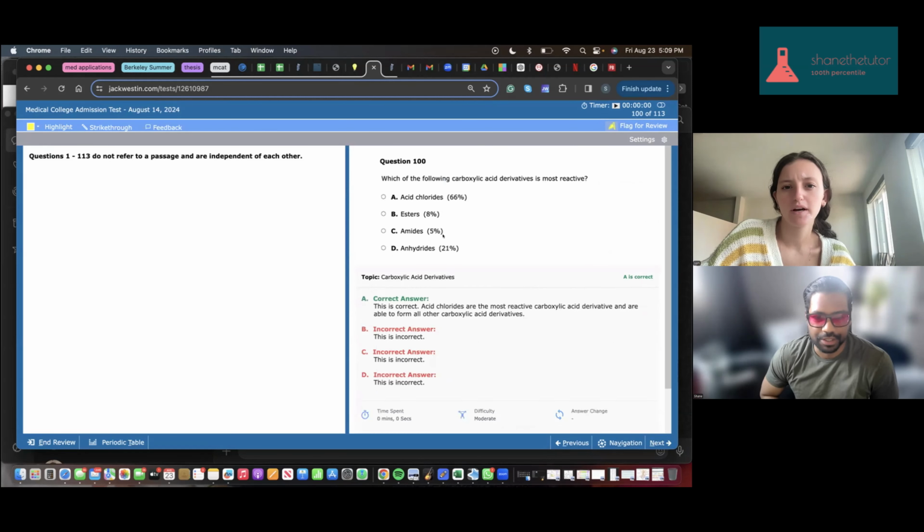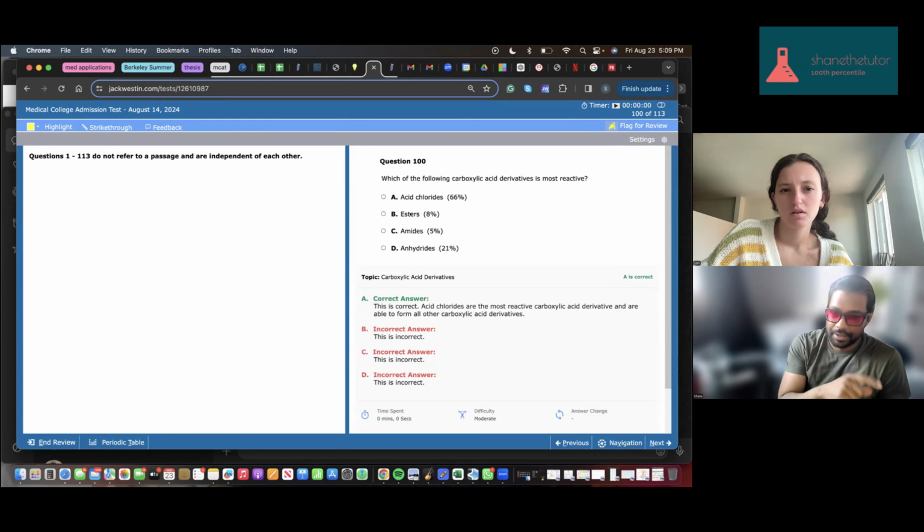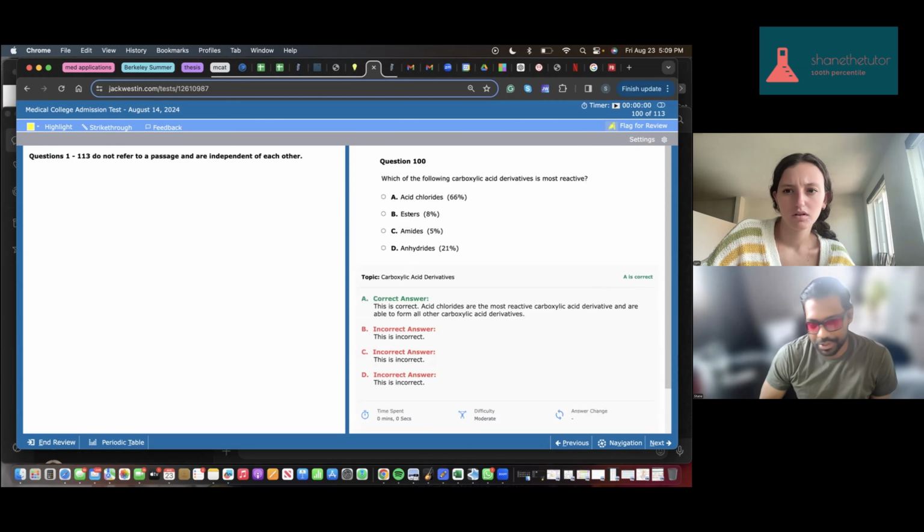Oh yeah, and then this is just reactive, this is the opposite. Between esters and anhydrides, it'll go in the order of amides. Amides would be the most stable, so least reactive.